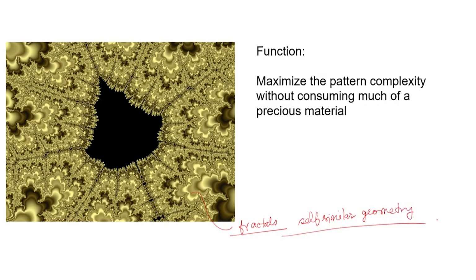Now, here fractals has been used to maximize the pattern complexity, because then the value of the ornamentation will increase, and this has been done without keeping in mind that you are working on the fractals on a precious material like gold or silver. So, without consuming much of the precious material, you have to develop these fractal surfaces. So that becomes a challenge in terms of the ornamentation or fashion design.